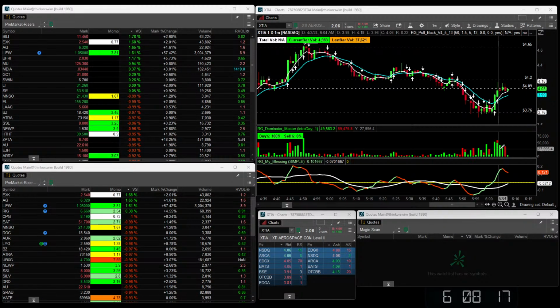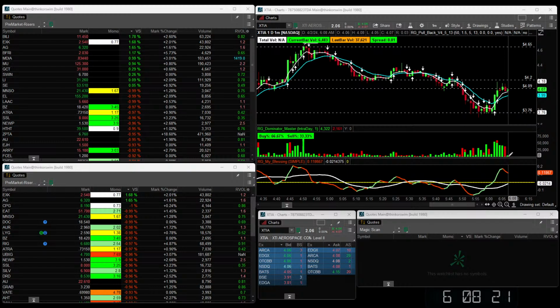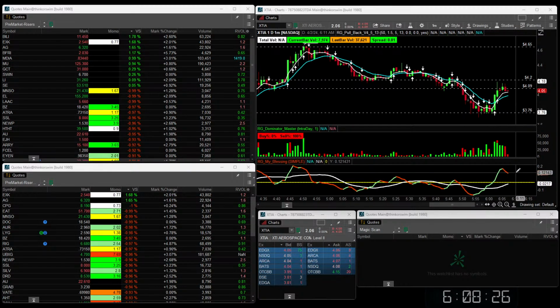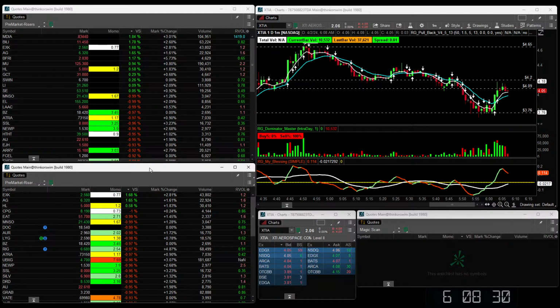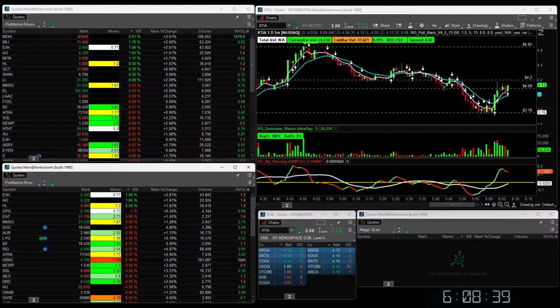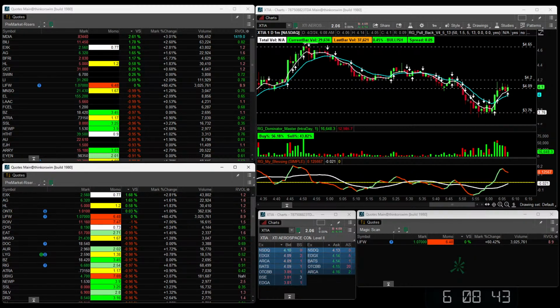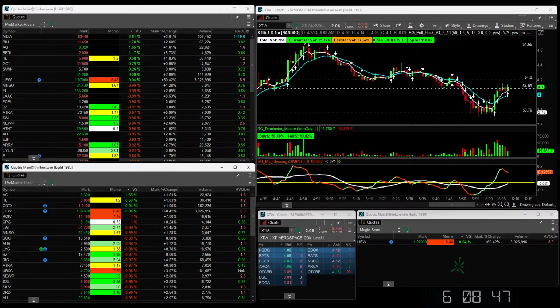Watching these dominator bars to see if they turn green. I'm not liking this red indicator here turning down. Looks like it's waking up a little bit.